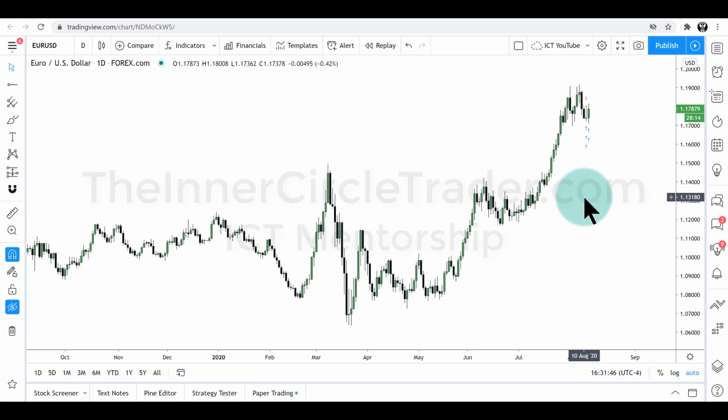But the euro feels to me like this consolidation isn't done, and we might want to pop up one more time. I like 120, but will it get to 120? I don't know.